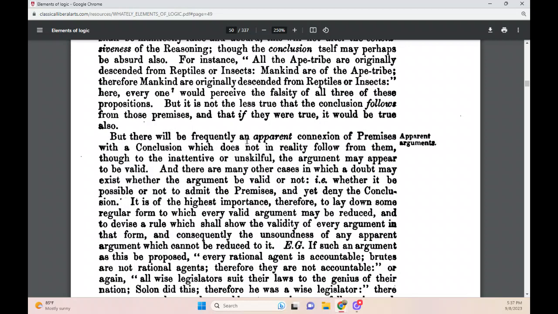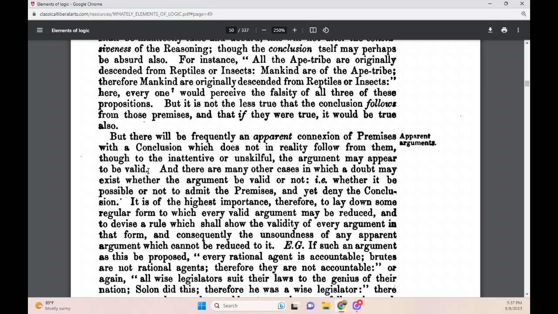There will be frequently an apparent connection of premises with a conclusion which does not in reality, or which does not truly follow from them, though to the inattentive or the unskillful, the argument may appear to be valid.